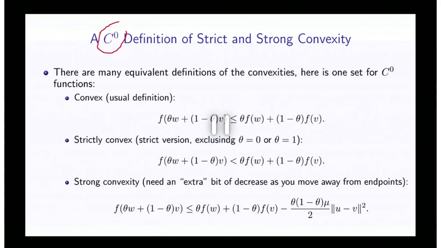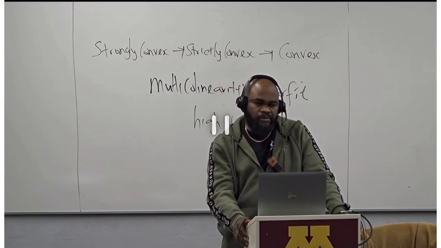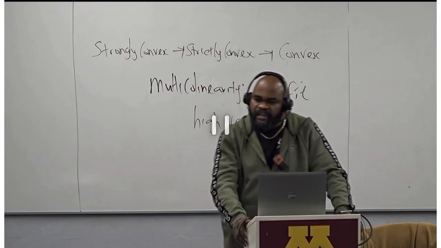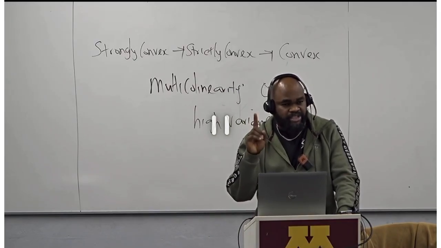Can we have a way to use the first differentiable class to differentiate between convex, strictly convex, and strongly convex? I'm going to say that again. You have a function that is continuous, but not necessarily differentiable. How do you investigate the types of convexity with that? I need you to pay attention.